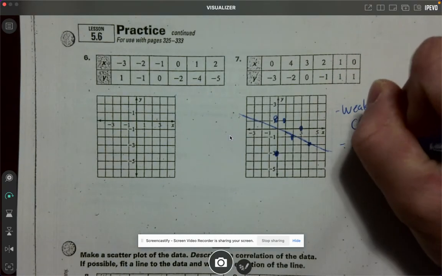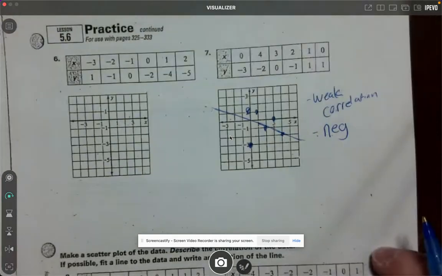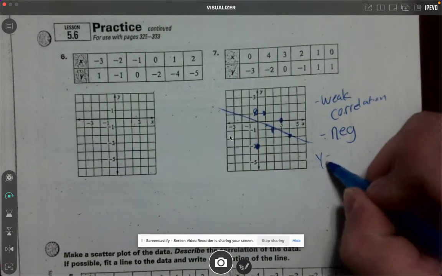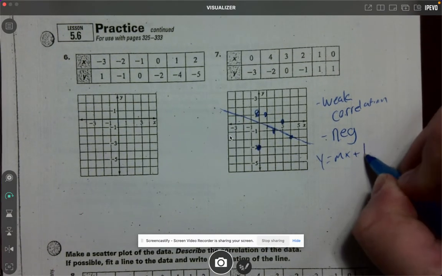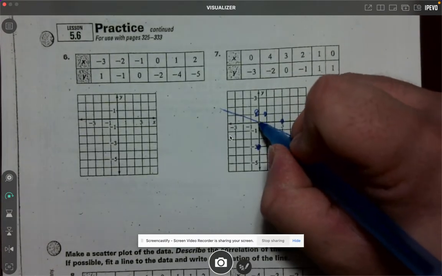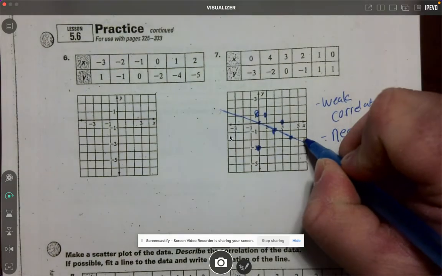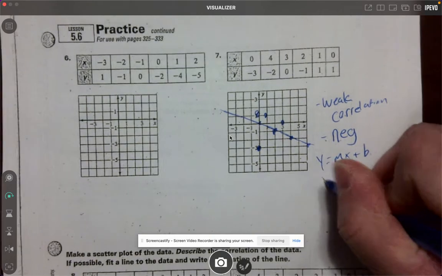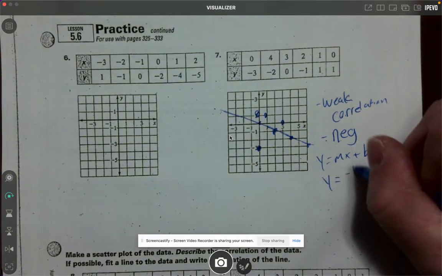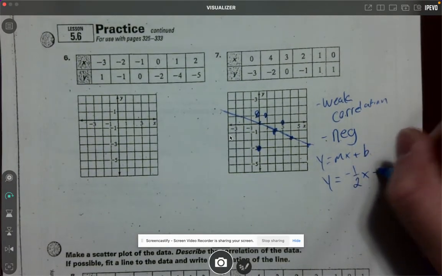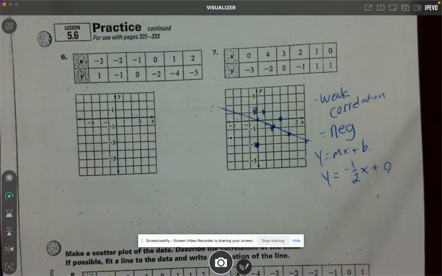I would say it's negative. And if I was to write an equation, I kind of knew how to write this in mx plus b, so I kind of cheated as I was estimating. It goes through the origin. I tried to make it a slope of down 1 over 2. So I was really going for y equals -1/2 x plus 0 for that one.